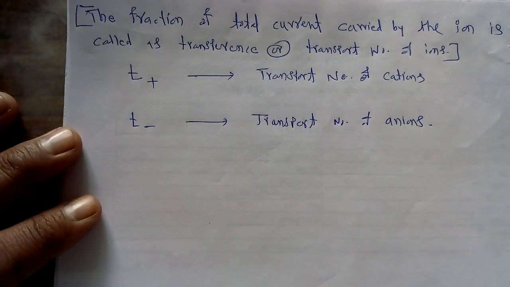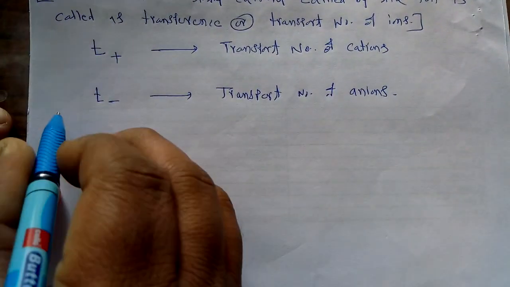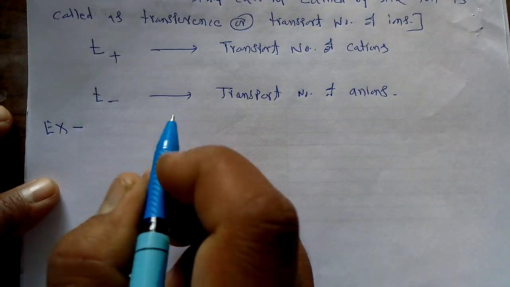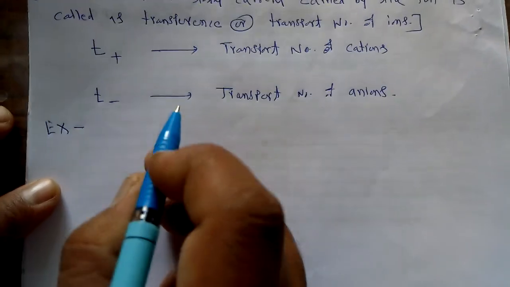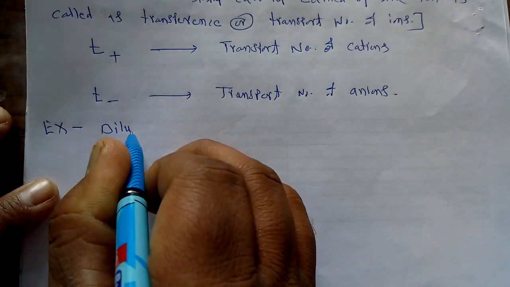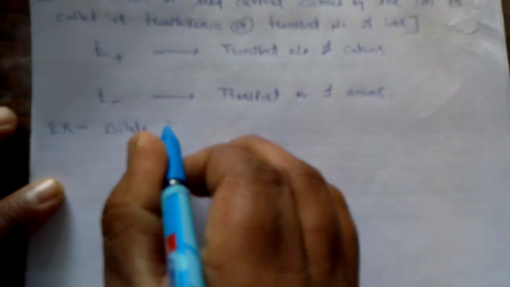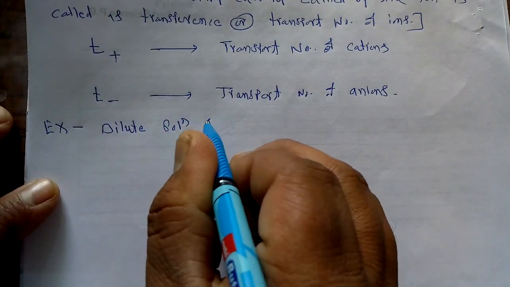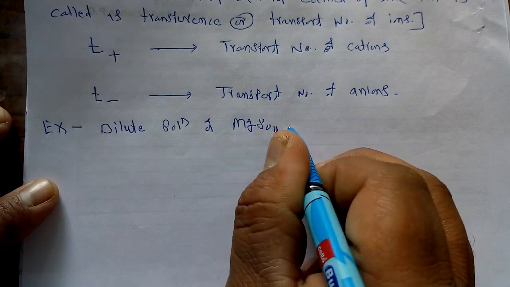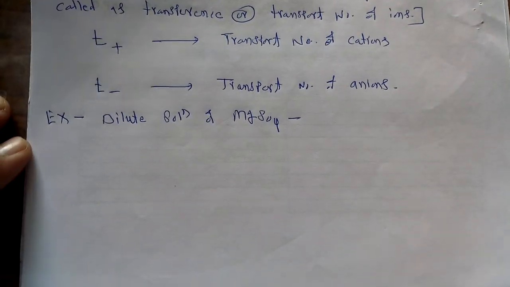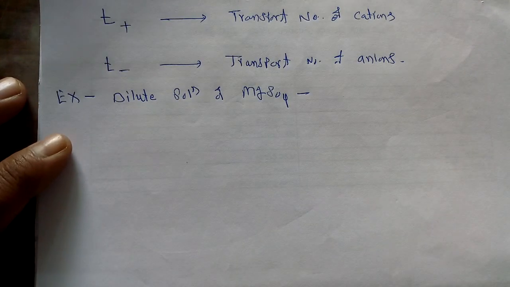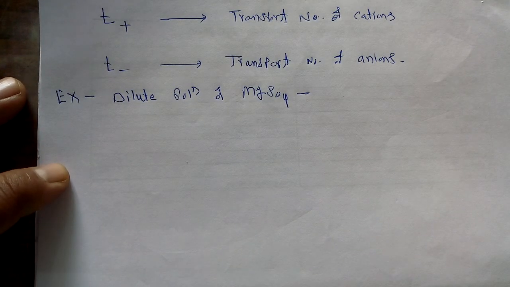So, suppose we consider a simple example of an electrolyte, a dilute solution of magnesium sulfate, and we are interested to know the transport numbers of the ions.